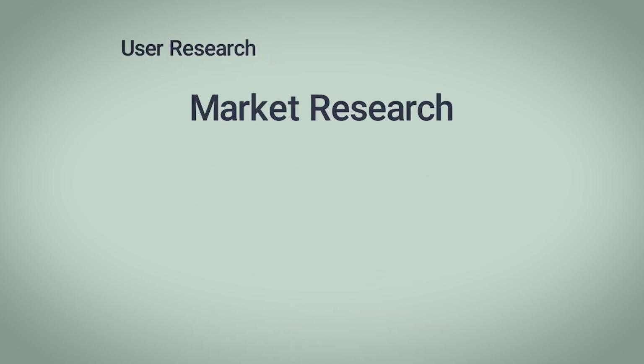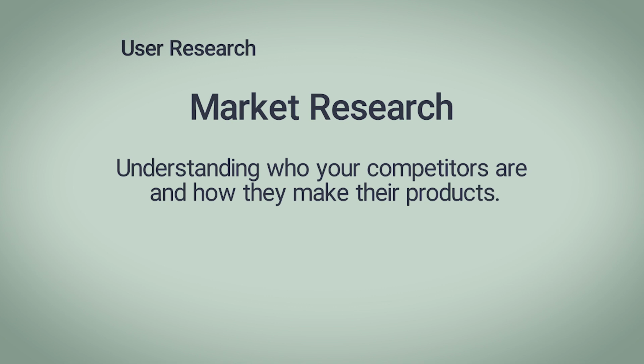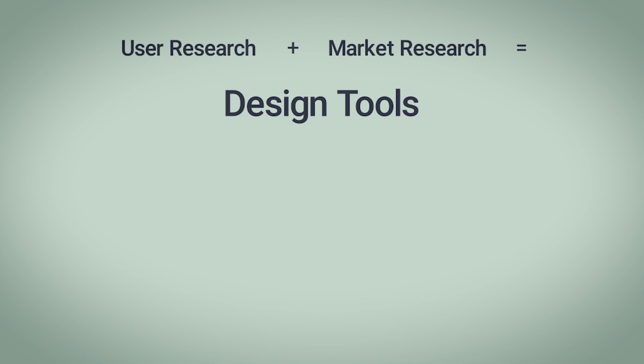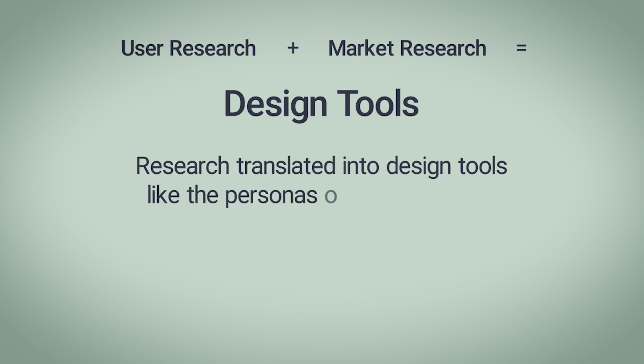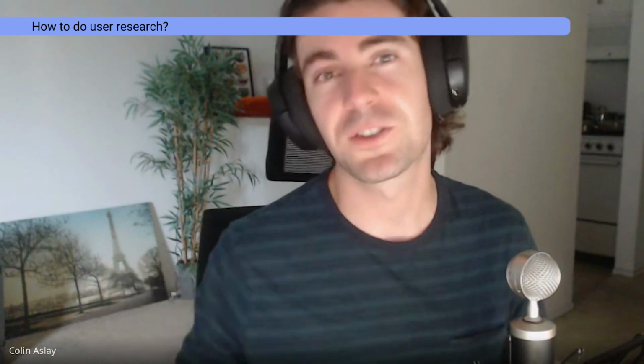Then a market research to understand who your competitors are. And then you translate those into tools that help you create a design of the product. All right, so let's also talk about, like you said, how are we actually going to do this research?